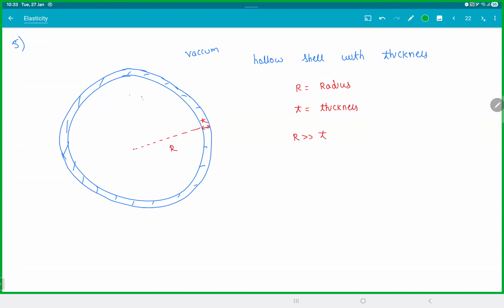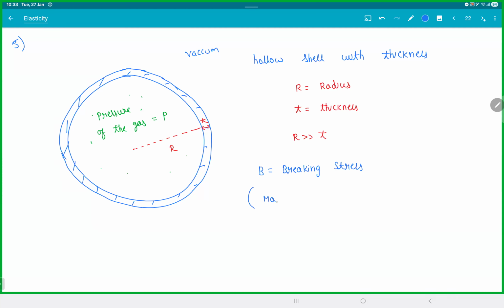Then you started pushing air inside, and the pressure is P. You're pumping more and more gas inside, right? B is the breaking stress. What is breaking stress?